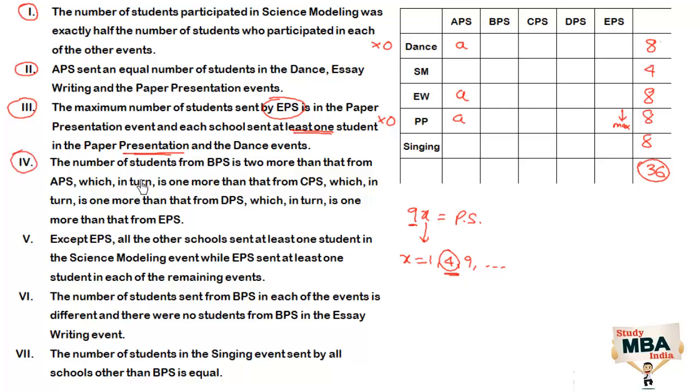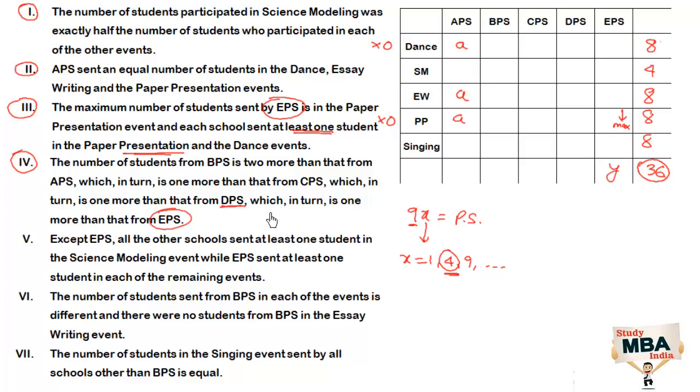Now let's take the next condition, and it says that the number of students from BPS is 2 more than that from APS, which in turn is 1 more than that from CPS, which in turn is 1 more than DPS, which in turn is 1 more than EPS. So from here we can say that the least number of students is from EPS, right? So let us assume that y is the number of students sent by EPS.